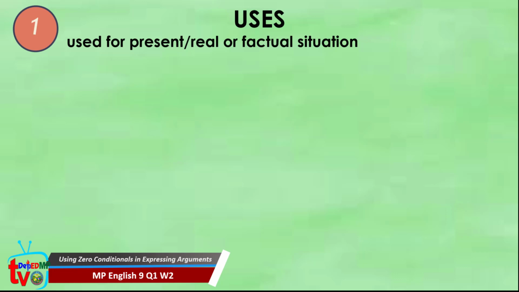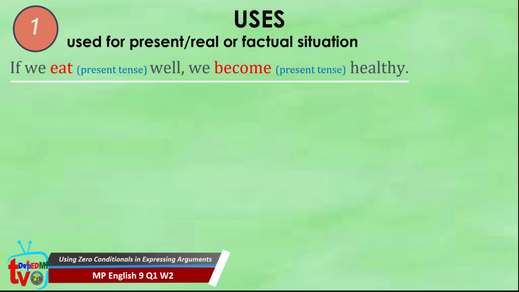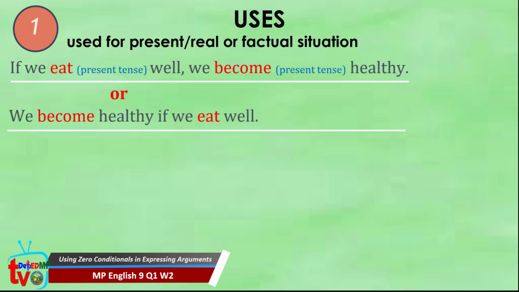Here are examples. If we eat well, we become healthy. Or we become healthy if we eat well. This example shows a factual situation because it is really true. If we do not eat well, the tendency is we become sick.